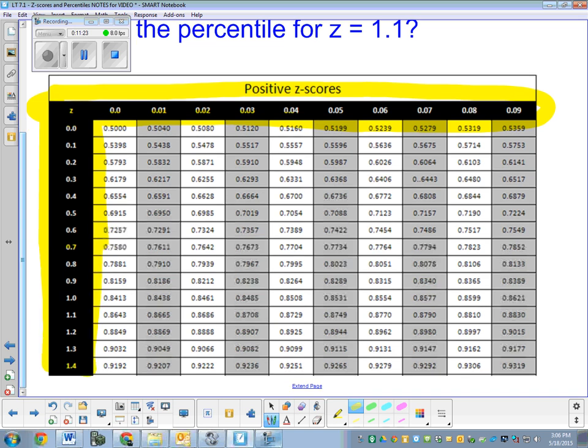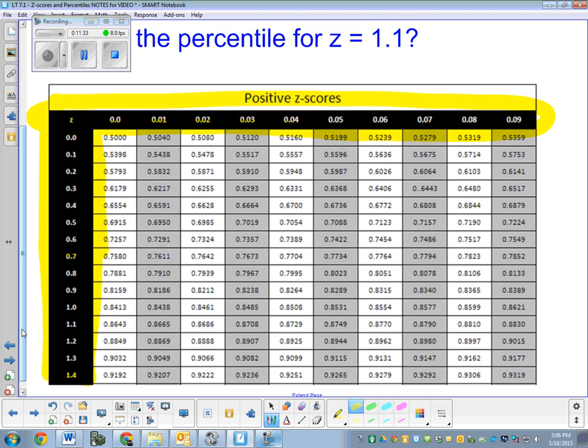We know that beyond 3 standard deviations, we don't have a lot of data, so your z-score table really only goes up to about 3 point something. When we're looking up a z-score, we always start on the column side. In other words, the up and down portion. We're going to come and find the 0.8.